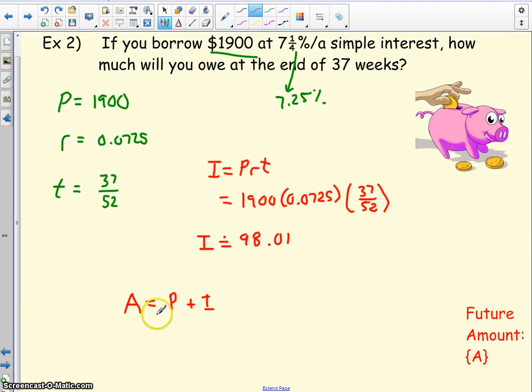But since this is a loan, it'll be how much I originally borrowed plus how much interest went on top of that loan. So my principal was $1,900. The interest I owe is an additional $98.01. I put those together: $1,998.01 is what I owe after 37 weeks.